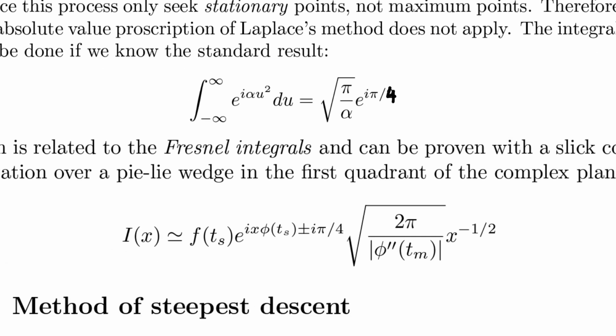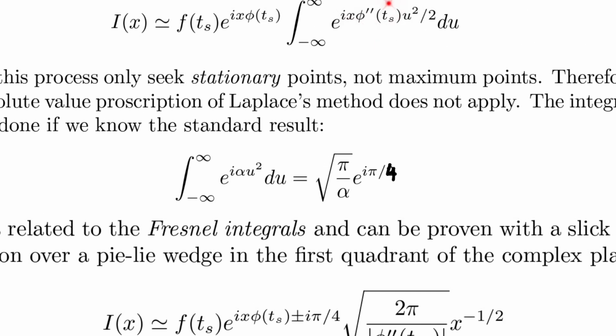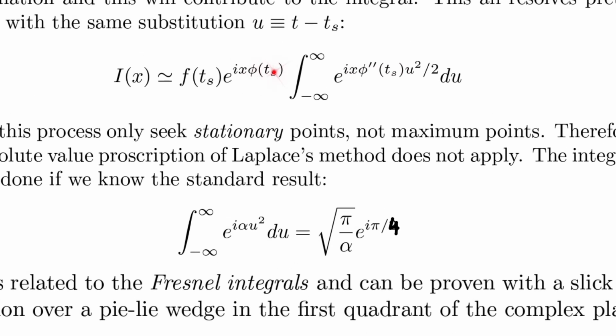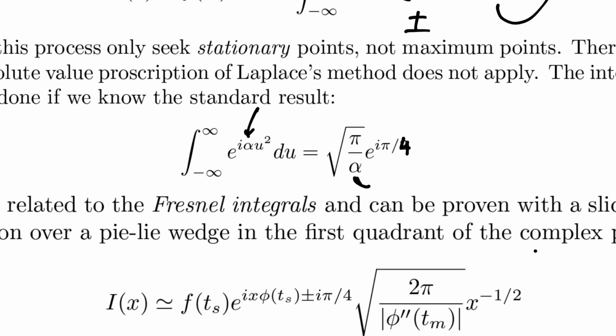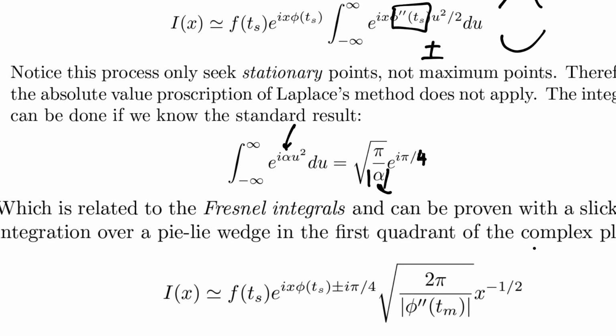And let's see, why is there a minus sign here? The minus sign is because the stationary point for the function phi could be a maximum or it could be a minimum. So this second derivative now could be plus or minus. And if it's minus, then alpha becomes negative. And if alpha is negative, you could take a magnitude of alpha, and then I think you end up with a minus I out in front.